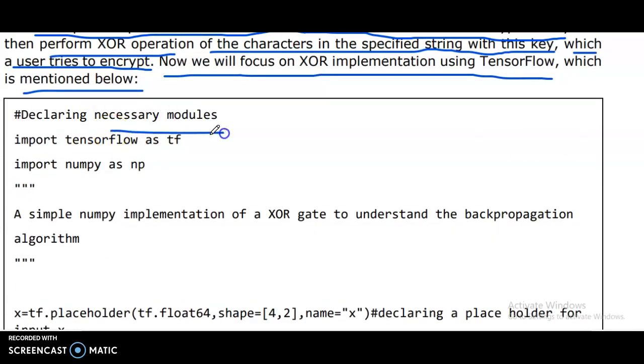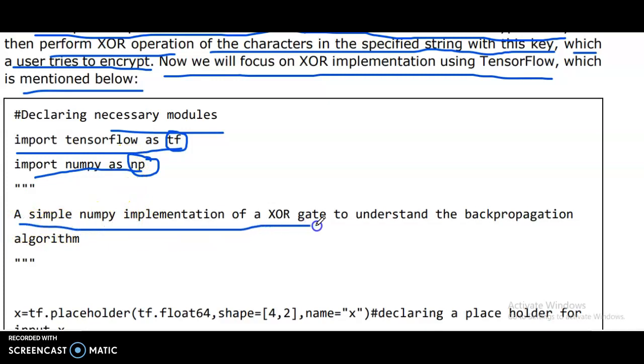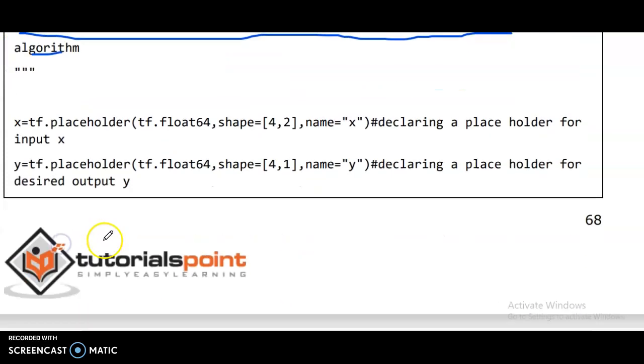Declaring necessary modules: import TensorFlow as TF. TensorFlow means TF all the way. Import numpy as NP, always numpy as NP. A simple numpy implementation of XOR gate to understand the backpropagation algorithm.